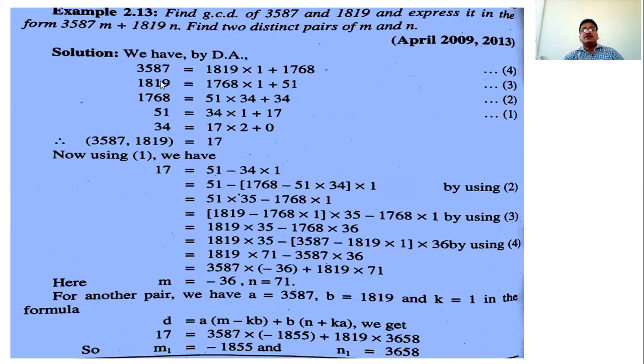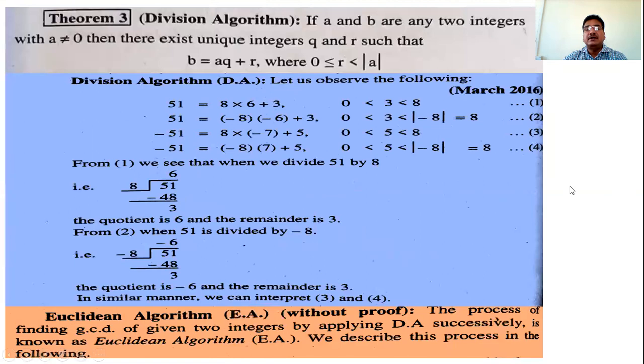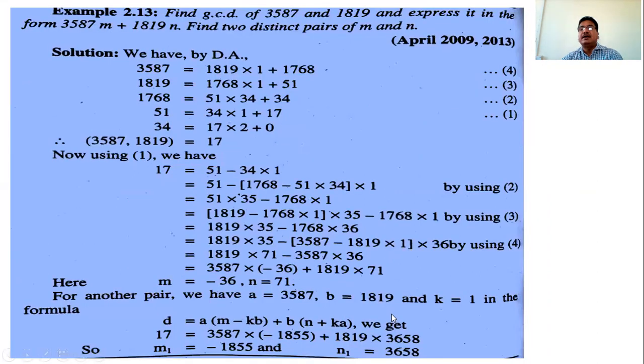The procedure of finding the greatest common divisor of two integers by applying the division algorithm successively or repeatedly is known as the Euclidean algorithm.